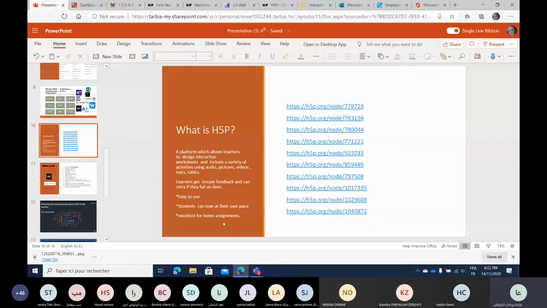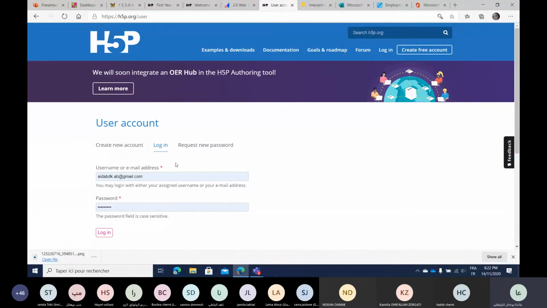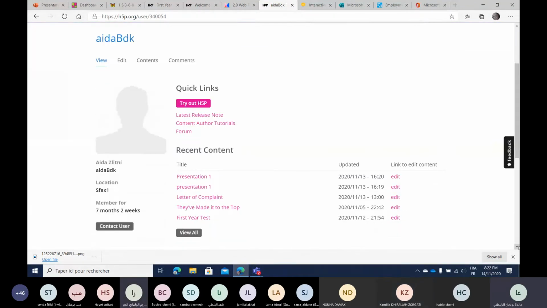So I've got here, for example, I will log in. You create your own account via your email and a password, then you log in. Are you following me? Yes, okay. Once logged in, you will be asked to try out H5P.